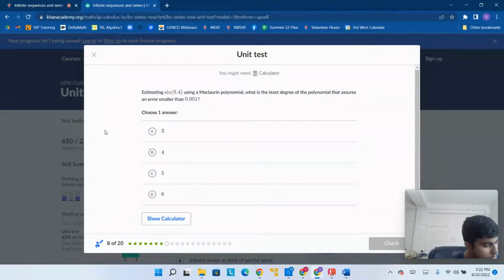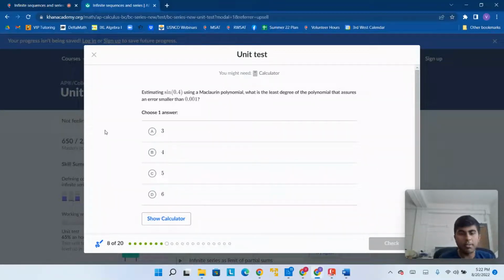So it's just going to be x to the n, really. And that becomes what? Well, really what we have is just 0.4 to the n over n factorial. And we're just trying to find the least degree of the polynomial that satisfies that.